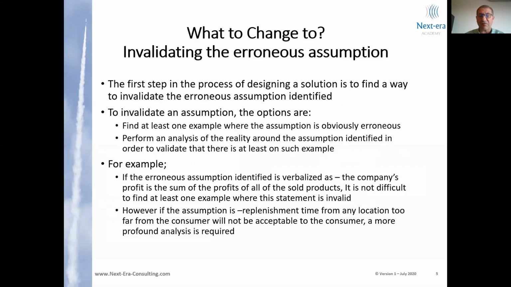It is not difficult to find that there are cases where we are selling products which are not profitable and still the company is making profit, or the other side, that we are selling all of our products in a profitable way and we are still losing money, which is a clear indicator that this is an erroneous assumption. However, if, for example, the assumption would be verbalized as replenishment time from any location too far from the consumer will not be acceptable by the consumer, it is a more difficult one to invalidate and requires additional analysis.